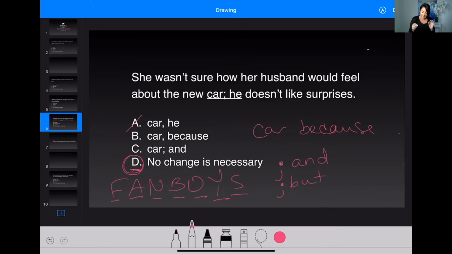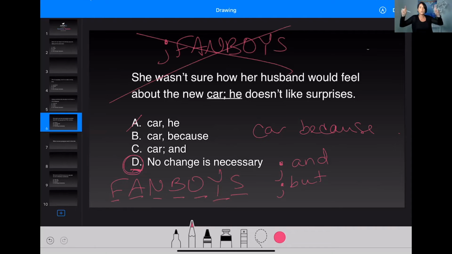So if you need more practice on that, just look it up on our YouTube channel. But a semicolon plus fanboy, just say no to semicolon fanboy. No, no, no, no, no. That's what my grandmother says to me when we talk about grammar. No, no, no. It's incorrect. Never.